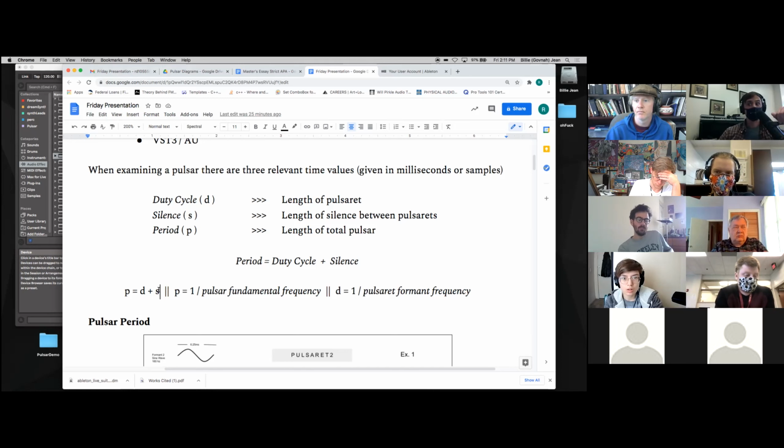You're saying, like, how long the train has to last at all to even sound like a train? I guess, because we're getting the fundamental frequency idea in two ways, as it's defined here. We say the period equals the pulsaret plus silence. So that's the distance between repetitions of the fundamental frequency.